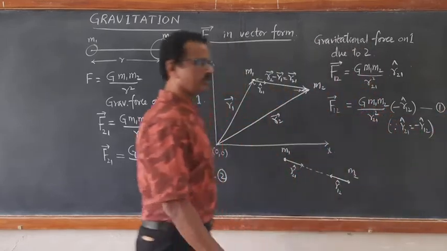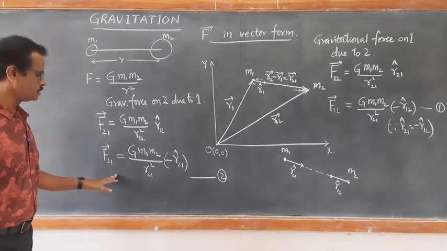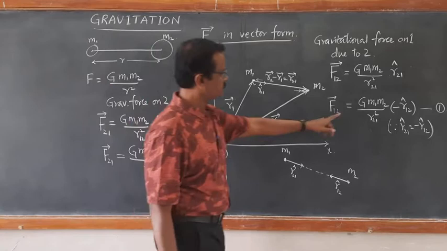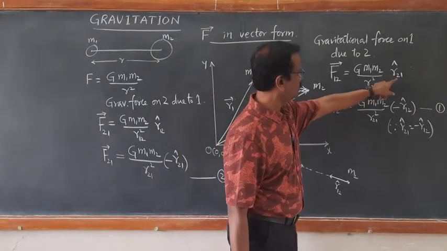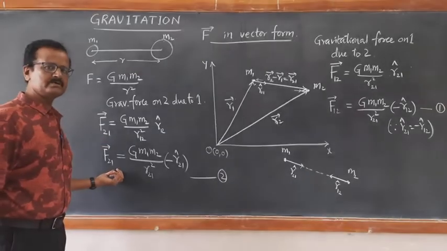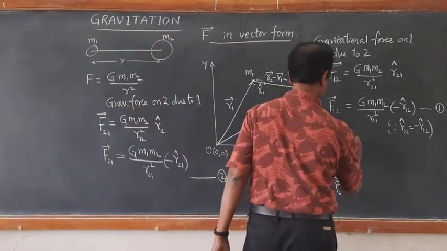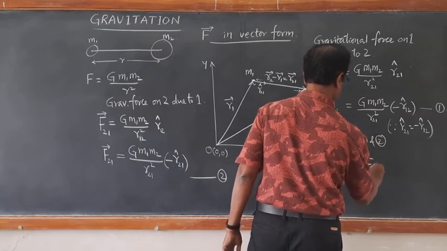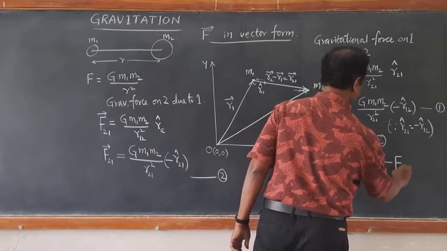From equations 1 and 2, what do you conclude? The same thing can be written as G M1 M2 upon R21 square into R21 cap, which is nothing but minus of F21. So from 1 and 2, we can write F12 is equal to minus of F21.